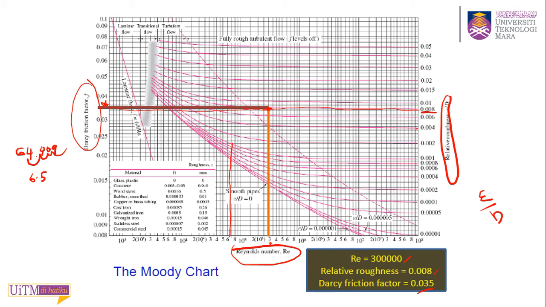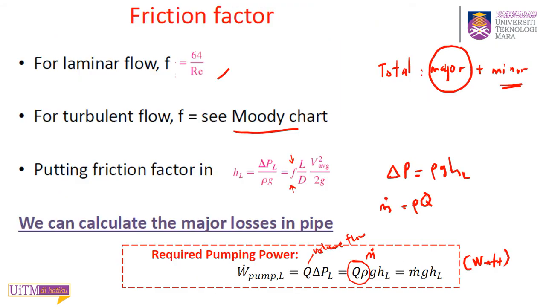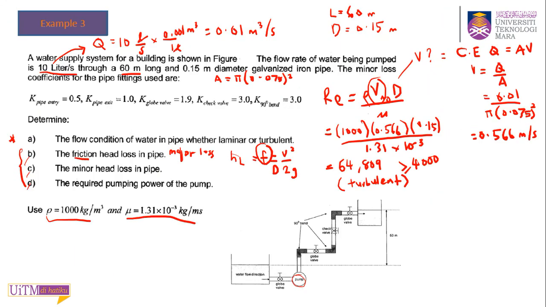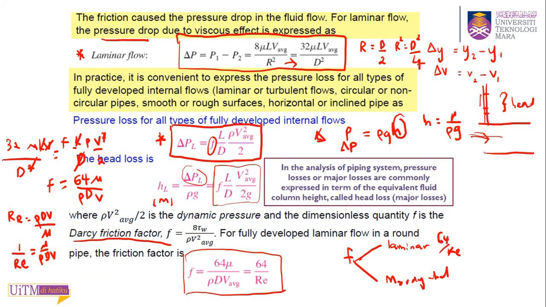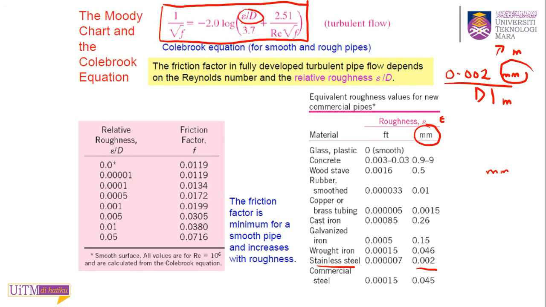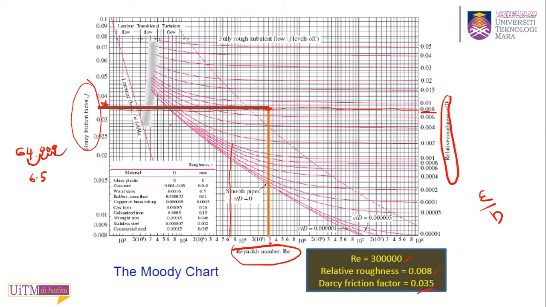And you need another axis, as this is the relative roughness. From our question, it is a galvanized iron pipe. They mention here it is a galvanized iron pipe, and the diameter is 0.15. So we go back to the Moody chart and find the galvanized iron, which is this. Galvanized iron has 0.15 millimeter roughness.